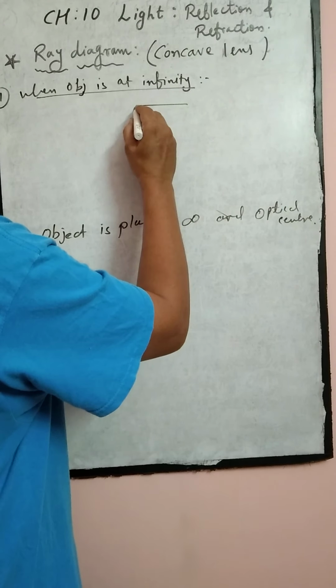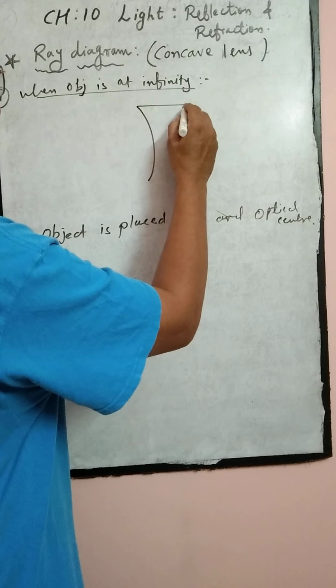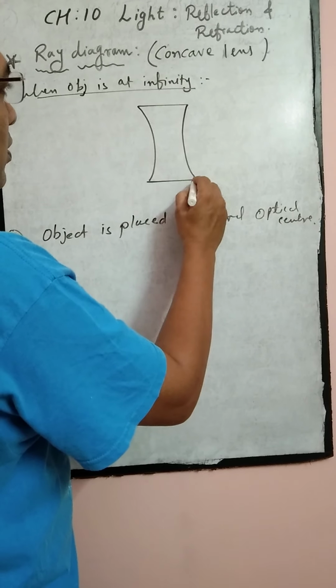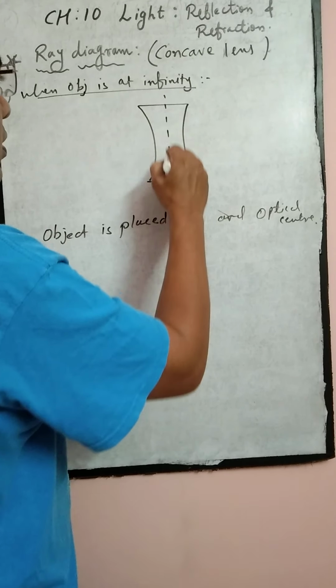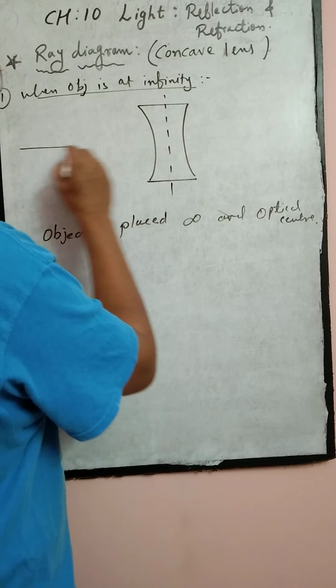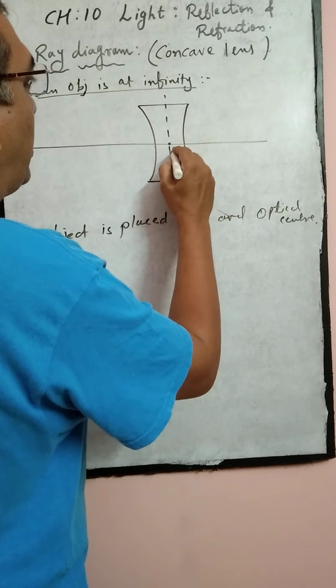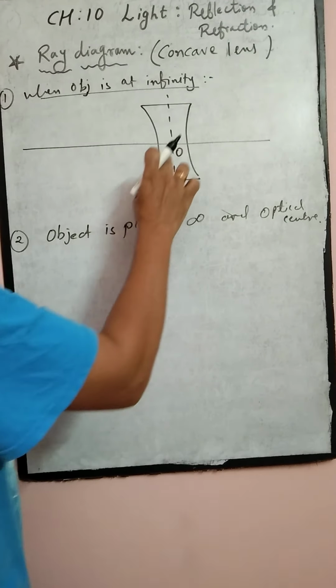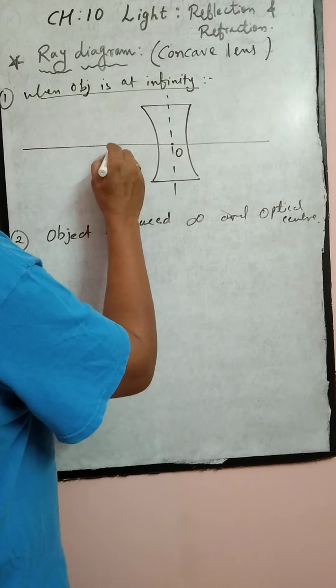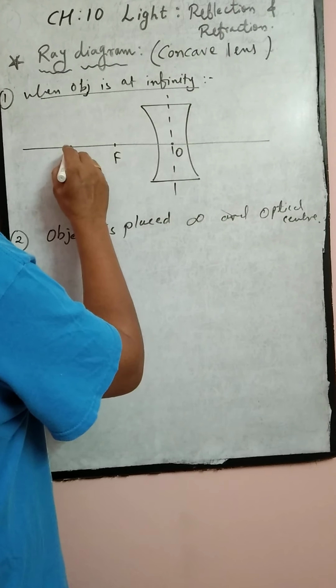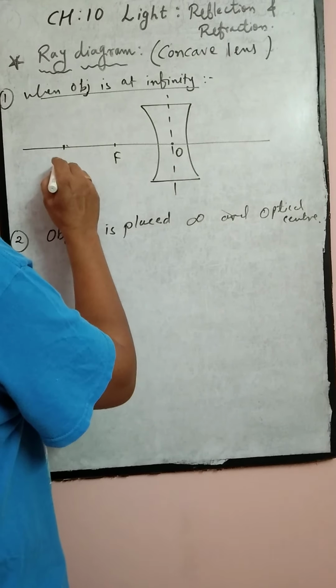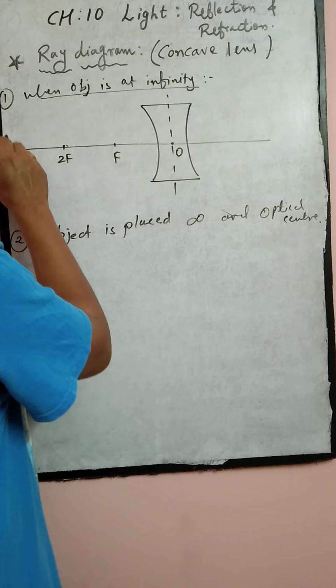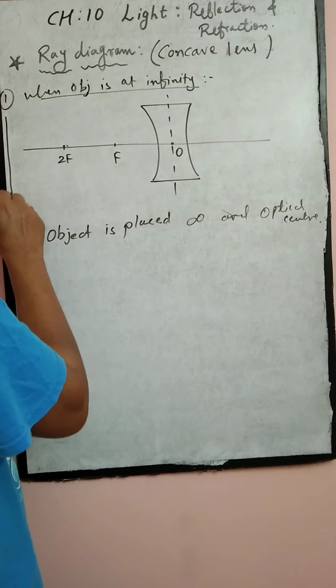Here, first of all, I am presenting a concave lens. This is the optical center. Now here we are marking F and 2F just for the sake of simplicity, and the object is placed at infinite distance, very far practically.